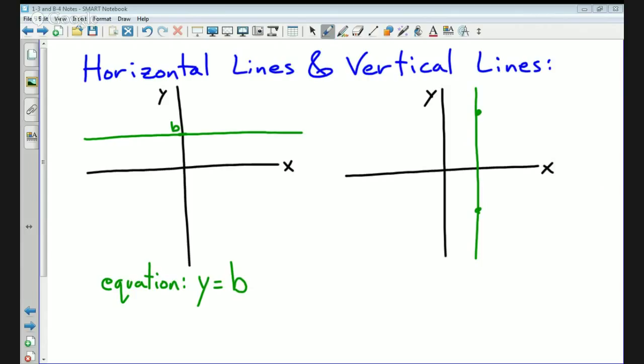When you do that subtraction in the denominator of the slope equation, you are going to end up with a 0 in the denominator. And that's bad math. You have what's called an undefined slope. It's so steep, they don't even know what to do with it. It's not a slope by definition that can be found. 0 in the denominator is bad. So this idea of writing it with y equals mx plus b isn't going to work because the m is undefined. So that gets tossed out the window.